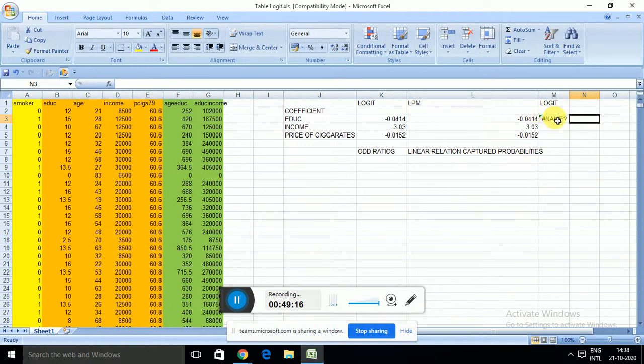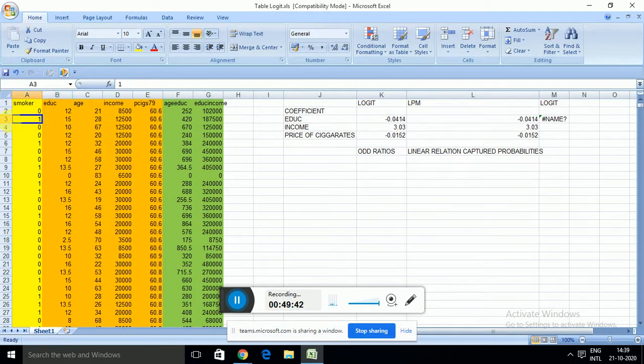So what is alpha plus beta x? Alpha is nothing but the intercept, because when we write y equals alpha plus beta x, beta are these coefficients, and x are my education, income and price of cigarettes. So basically I have to convert this. Let's say I'm talking about this particular gentleman who is a smoker.